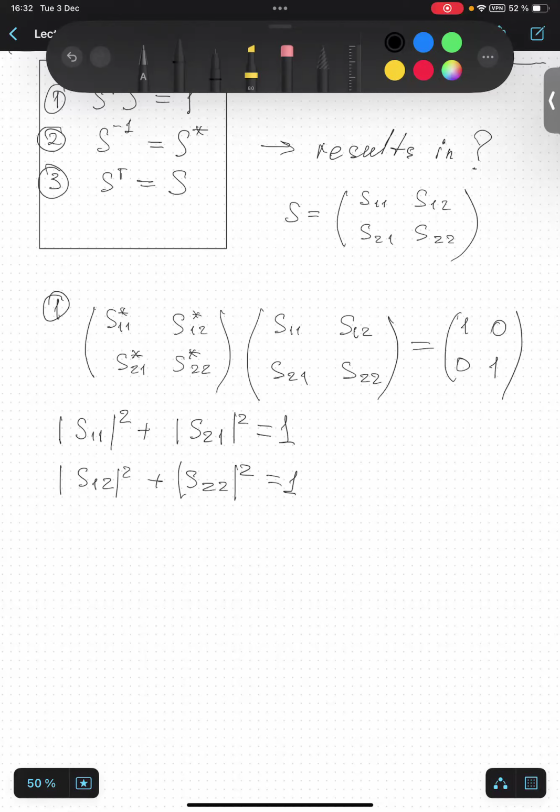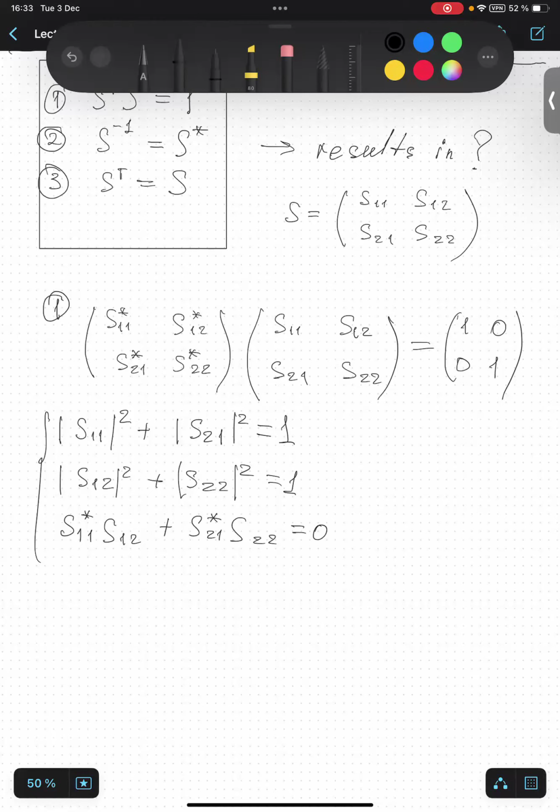And also we have the third one, S11 conjugated S12 plus S21 conjugated S2 equal to 0. This is our equation from this property.